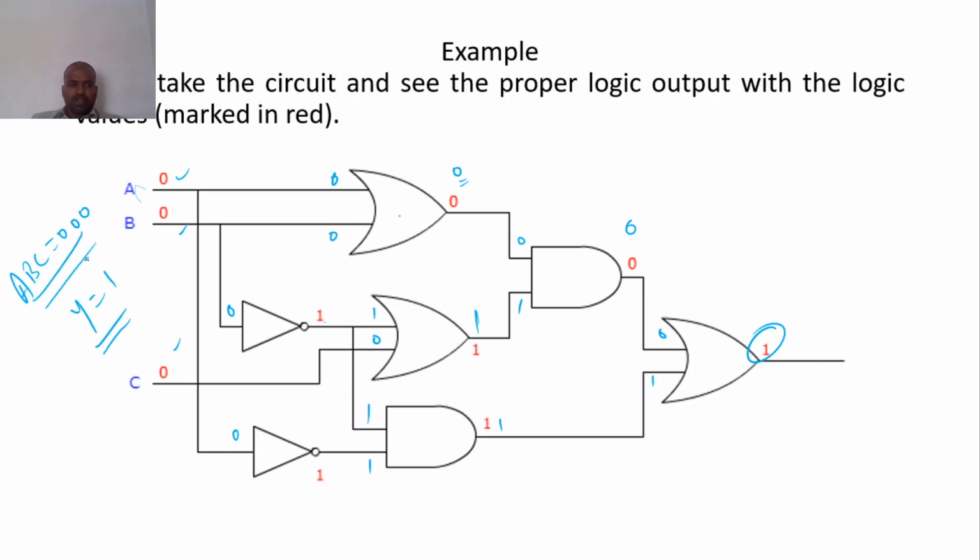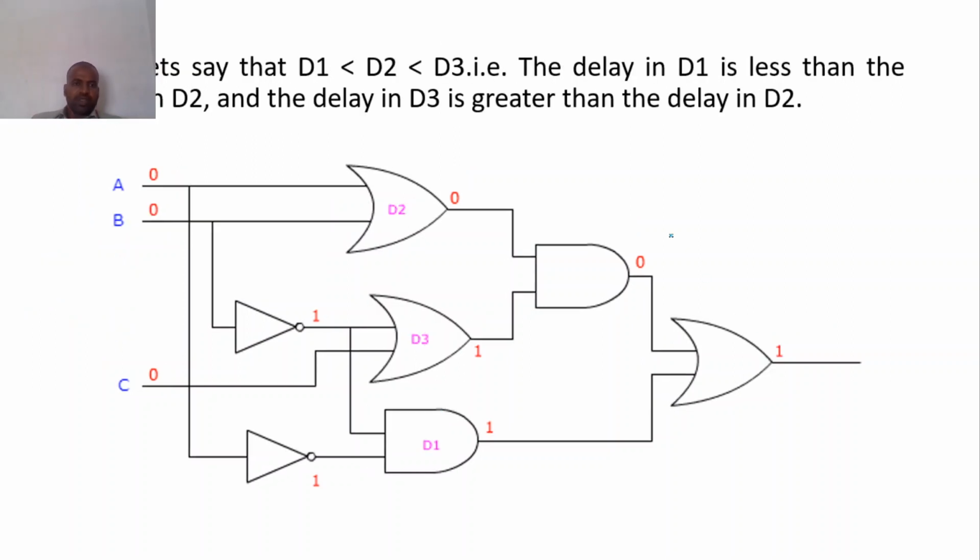So we are going to get the output equal to 1 only, but due to the delay of the OR gate, AND gate, we are going to get this output after some 2 to 3 transitions. Have a look at this.